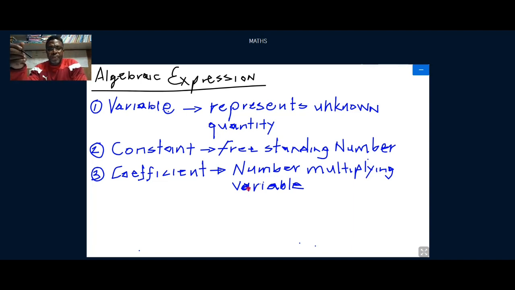Now, on number 2 and number 3, we talk about a number. There is a question that I always like to ask. All those who know me personally, I'm sure they have come across this question. I always ask them, what is a number? This is very interesting.